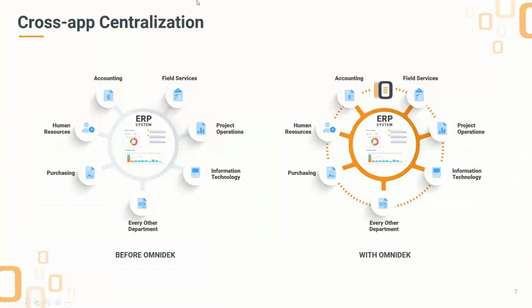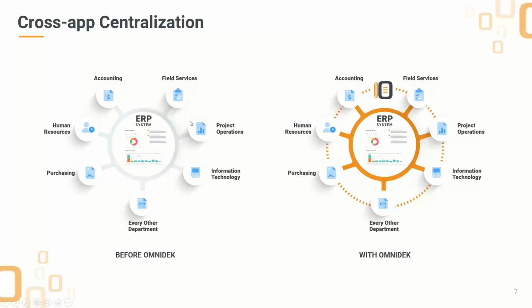Hence our solution here. So this cross-app centralization slide is meant to communicate one thing: a fragmented versus an integrated model. What you see here on the left side is all of our departments. We've got our accounting department, our field employees. We've got purchasing, human resources, estimating, what have you.